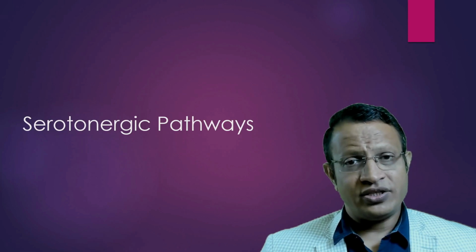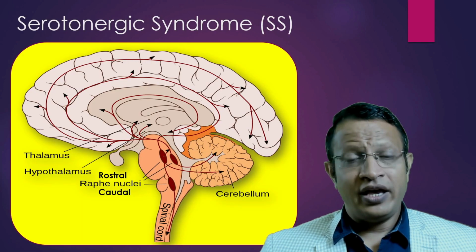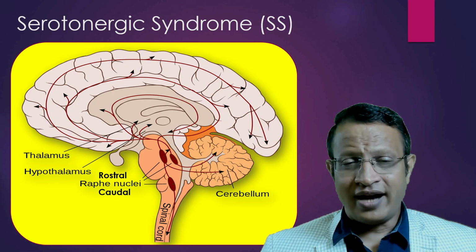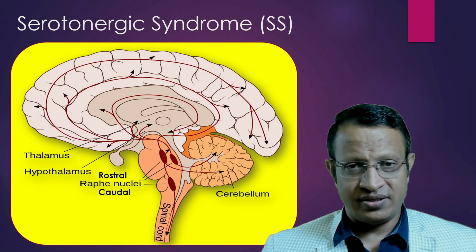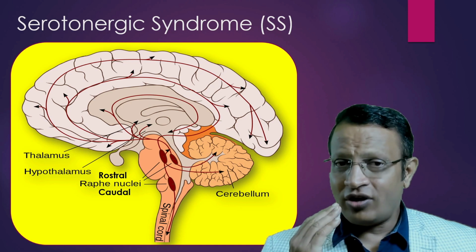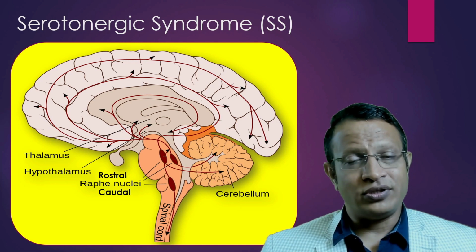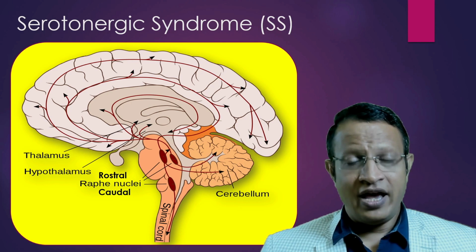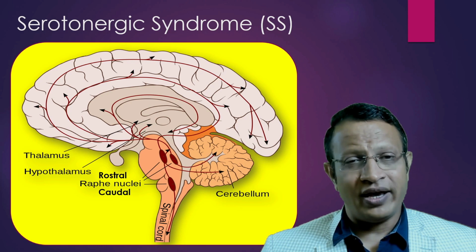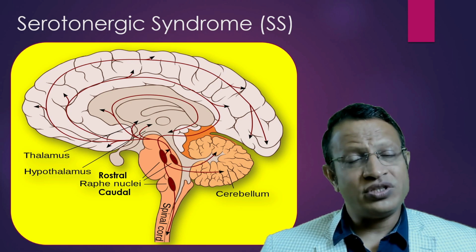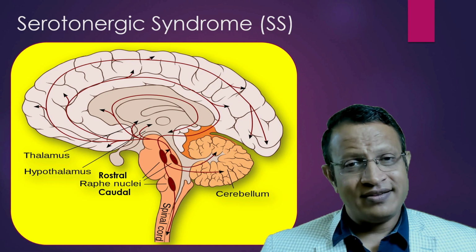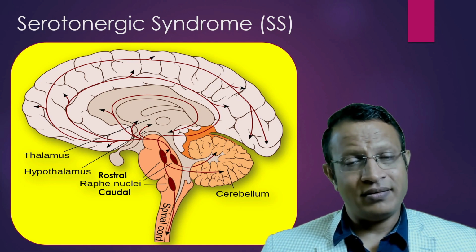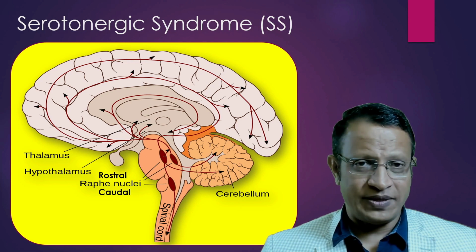Let's look into the serotonergic pathways. If you understand the serotonergic pathway, you'll be able to understand the symptoms and at the same time the remedial measures. If you look at the dorsal raphe nuclei, there are both the rostral and the caudal raphe nuclei. The rostral raphe nuclei throw projections across the central nervous system, that is to the prefrontal cortex, parietal, temporal, and also occipital cortex.